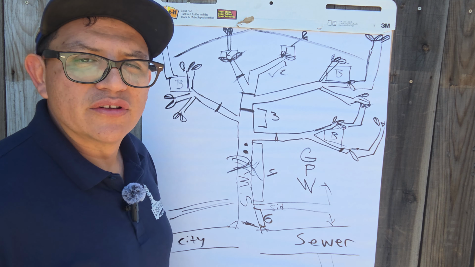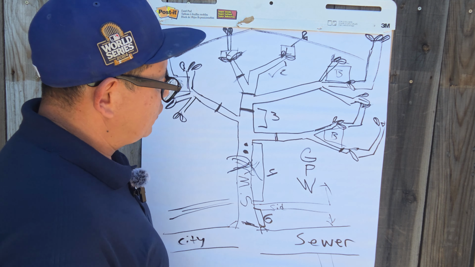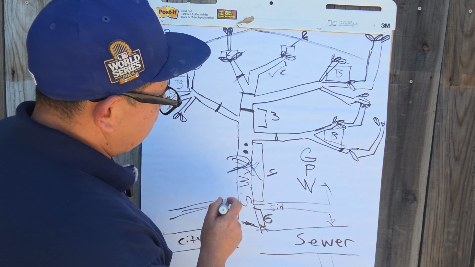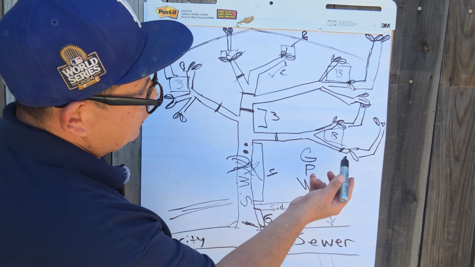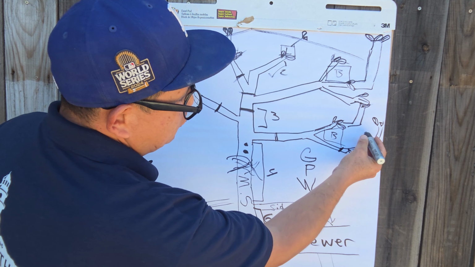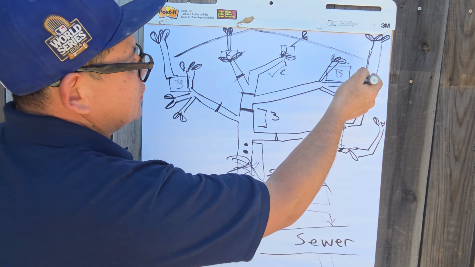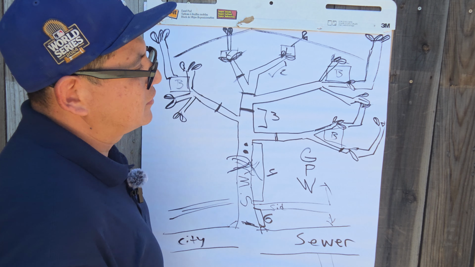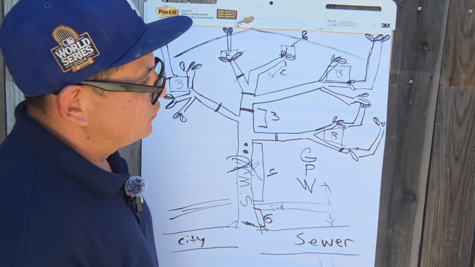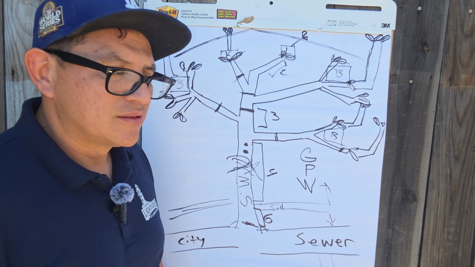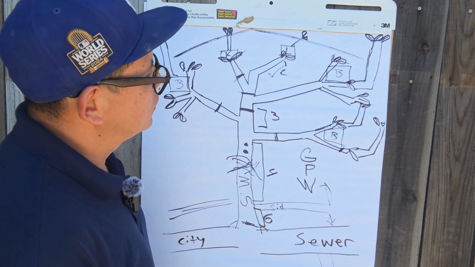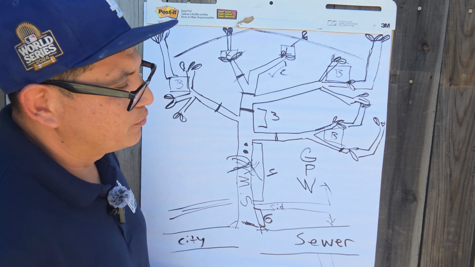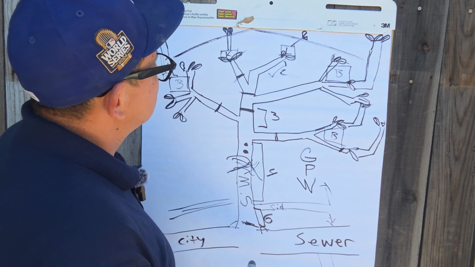I have another video that explains how to install the main sewer cleanouts. Now you want cleanouts also in each bathroom, each sink. Probably you want to install a cleanout that goes outside. You can install it inside, but it's very difficult to clear once it's inside, so I like putting my cleanouts outside.